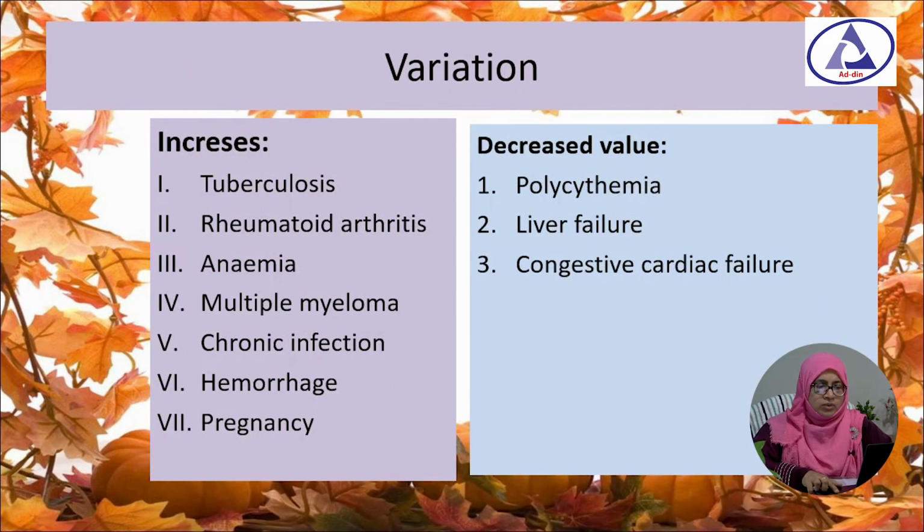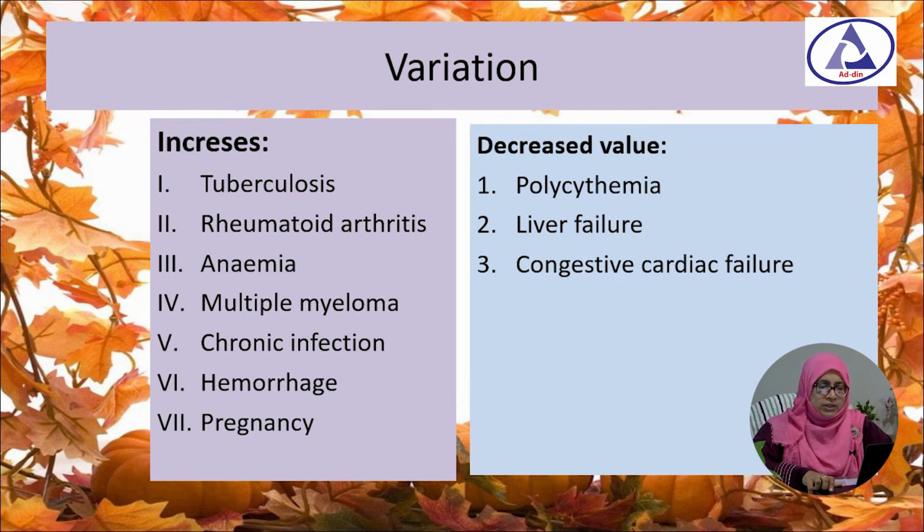So what are the variations when it increases or decreases? We have to know, firstly, the conditions when it increases. Pathologically it increases in tuberculosis, rheumatoid arthritis, anemia, multiple myeloma, chronic infection, hemorrhage, and also in pregnancy.